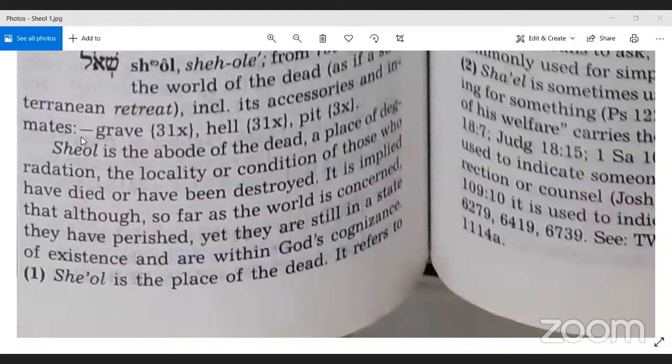So that's how come I'm confused as to what state of existence they're talking about. Are they talking about a living existence or a conscious existence? You know what I'm saying?